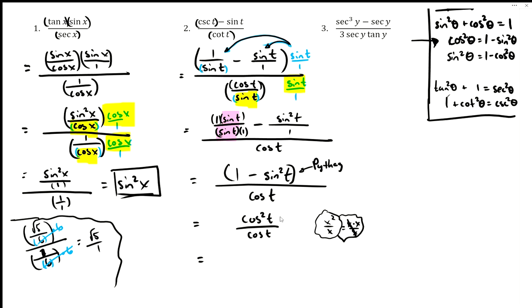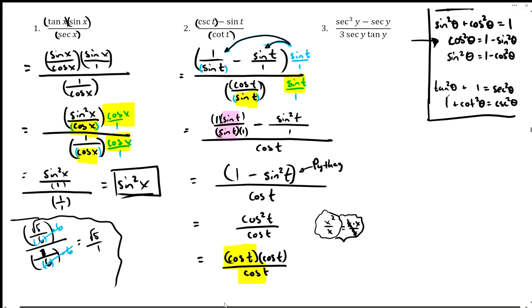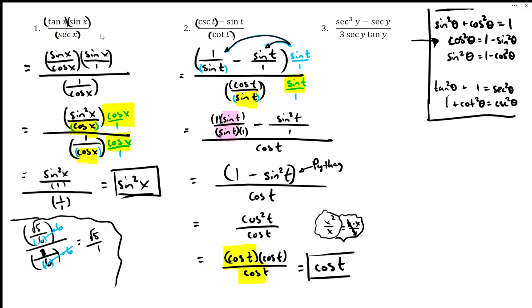Same deal over here. The cosine of t squared is cosine of t times cosine of t, still over cosine of t, and then the cosine of t cancels. We're left with a single cosine of t. So that's how that fully simplifies. That's how these ones break down.